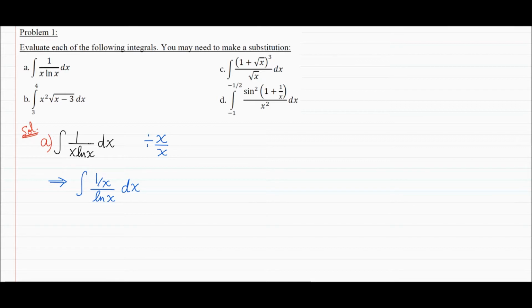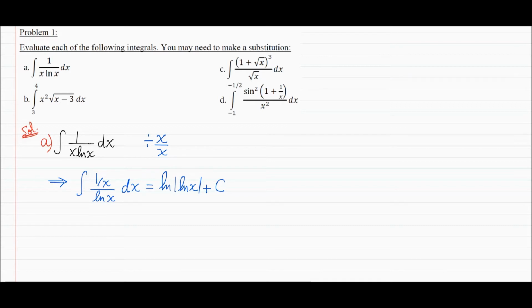And as you see, we have a function in the denominator and its derivative in the numerator. So this will be directly equal to ln of modulus of what is in the denominator, which is also ln x. So it will be ln modulus x plus c, since this is an indefinite integral.